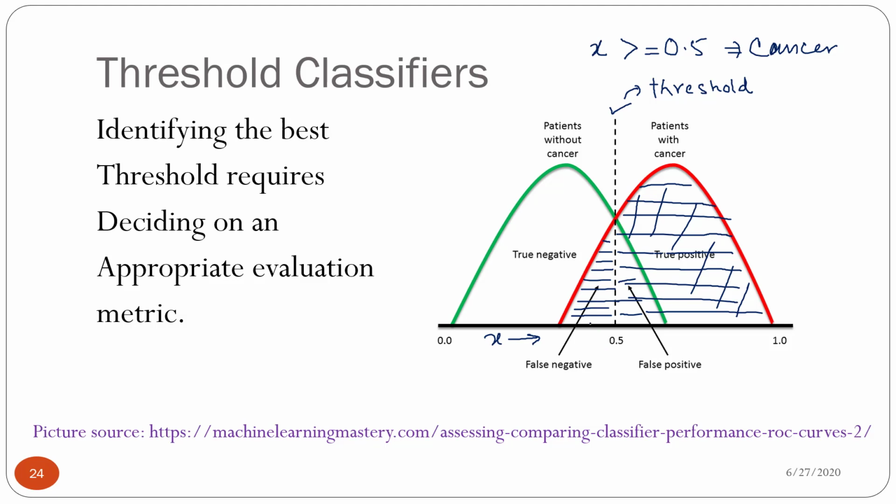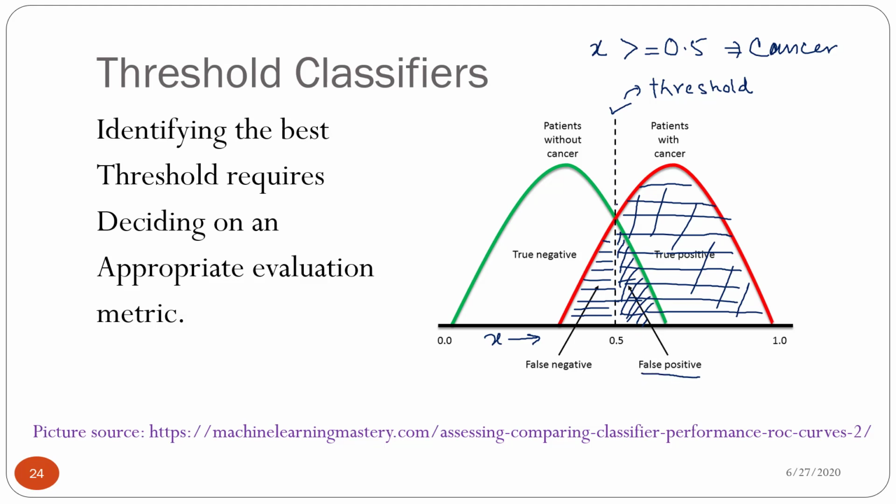Similarly, if you look at the portion of the green curve on the right hand side of the threshold, let me highlight that, this section is being incorrectly classified as positive. So this is false positive.